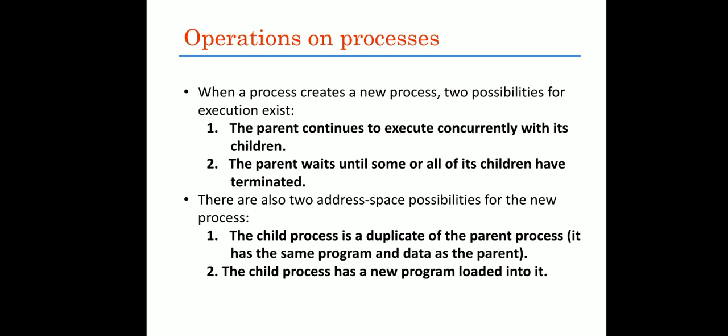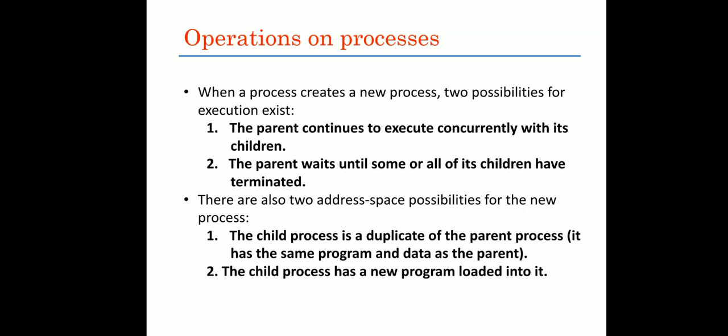There are also two address space possibilities for a new process, with respect to execution. These two are with respect to address space. The child process is a duplicate of the parent process. Duplicate means with respect to its characteristics, but not the process ID.